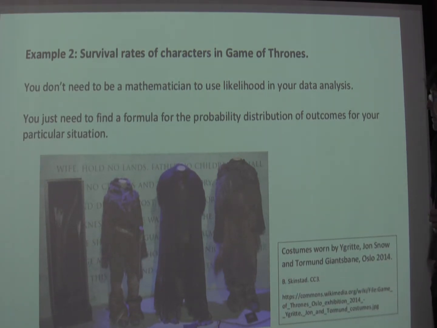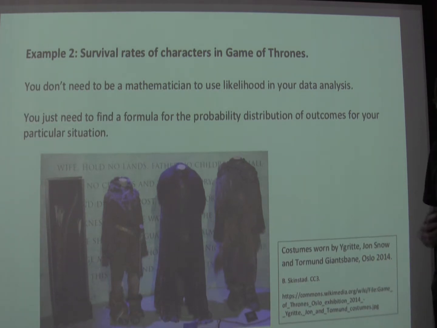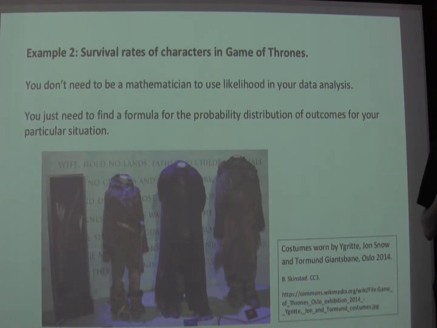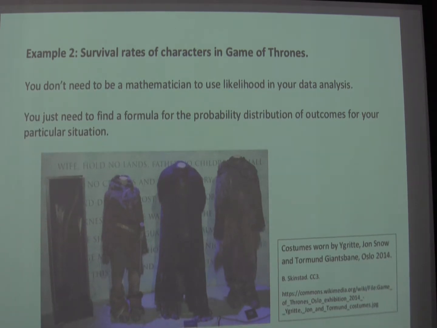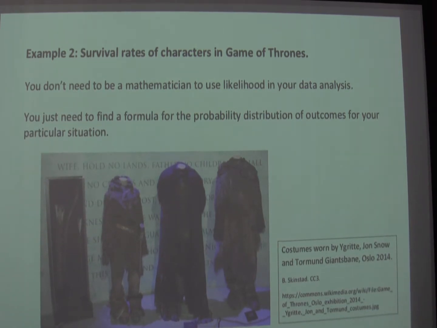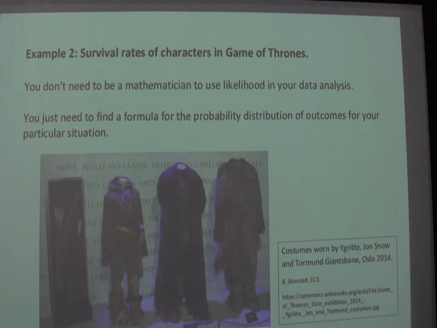So the likelihood formula for the proportion, you can find that on Wikipedia. I'm going to show you another example where there are two parameters being estimated for a particular situation, where there's no formula that gives you the maximum likelihood estimate, and where you need to do it by some kind of brute force.